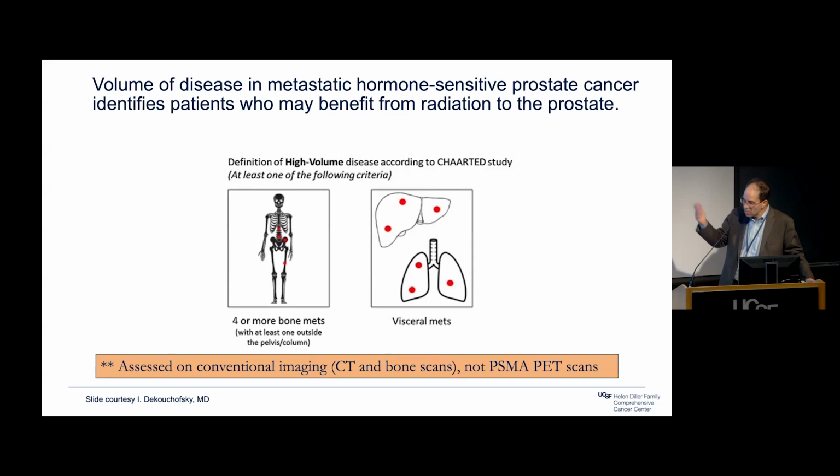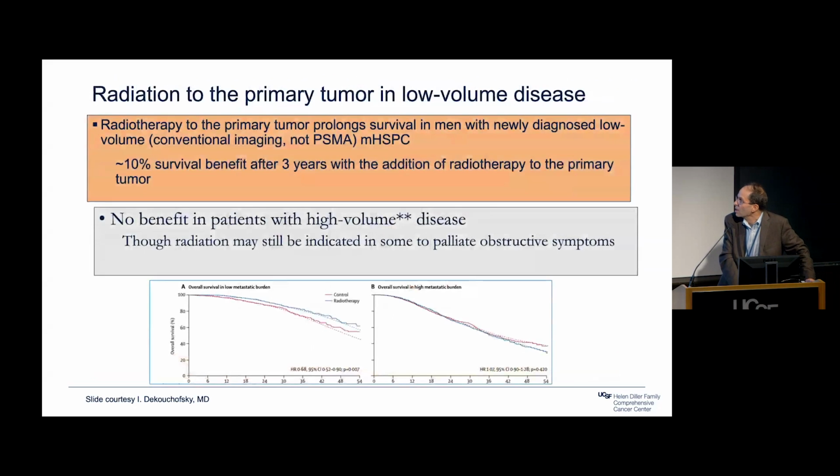So if you have minimal extent of disease, it turns out, now that you guys are pros at interpreting Kaplan-Meier curves, that in patients with low volume disease, panel A on your left, if you give radiation to the prostate, even though the cancer is already metastasized, those curves split.